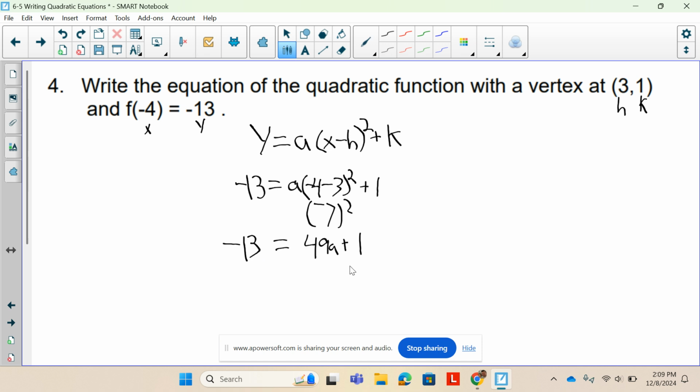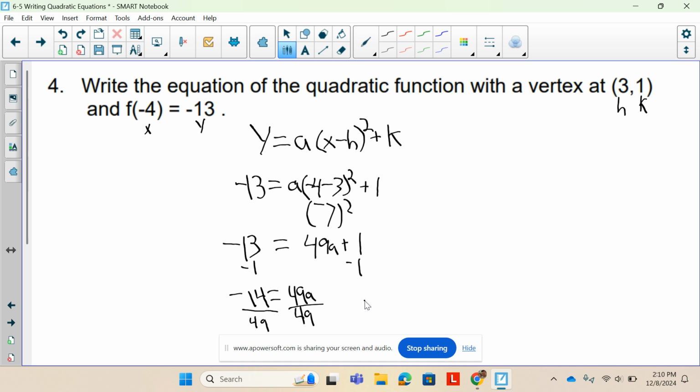So finishing this out, if I subtract 1 from both sides, it gives me negative 14 equals 49a. Once both sides are divided by 49, I end up with negative 14 over 49, but both of those will divide by 7.